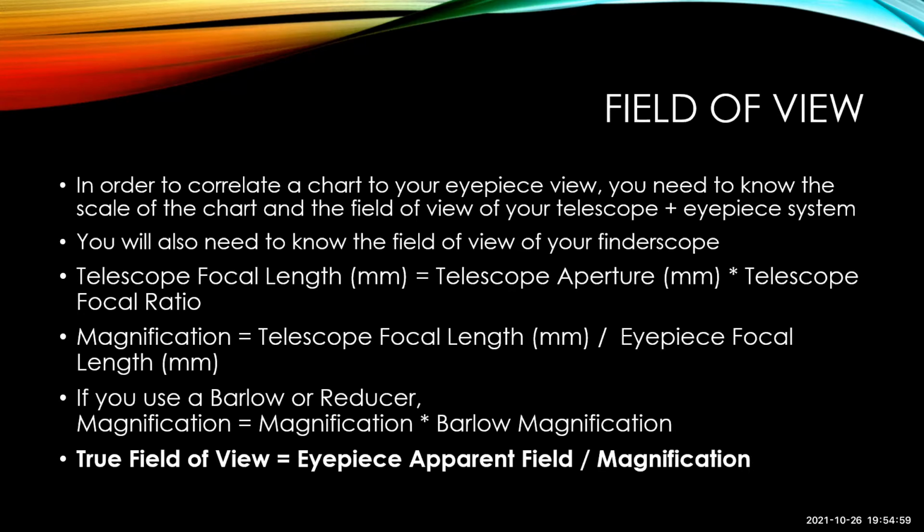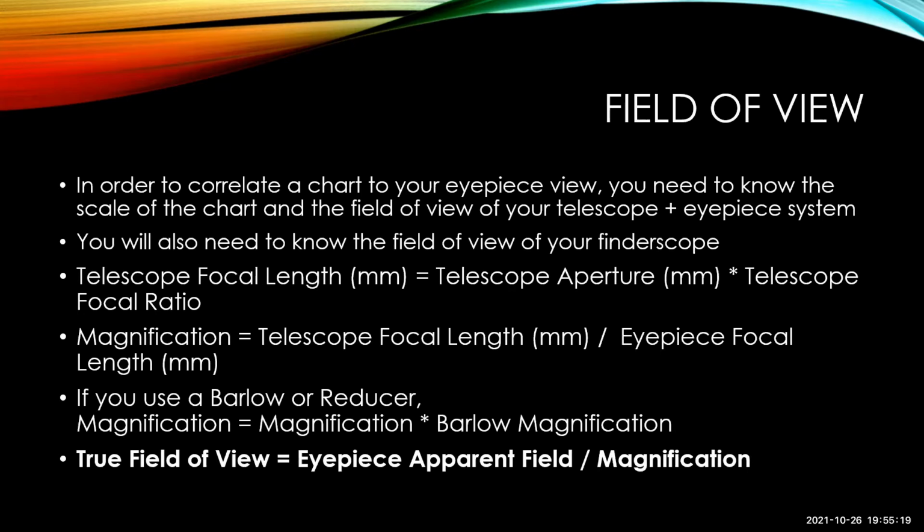If you want to learn how to interpret the chart as you look at it and correlate that to what you're seeing in your eyepiece, then you need to figure out the field of view of your telescope and eyepiece. That is a system.